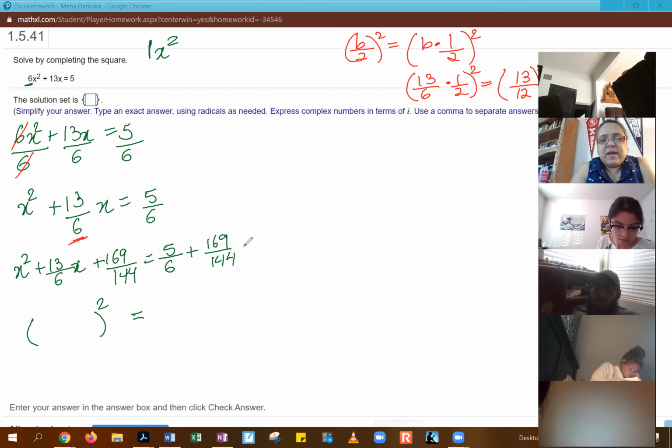So you are trying to add two fractions that have different denominators. So you want to try and find that common denominator.